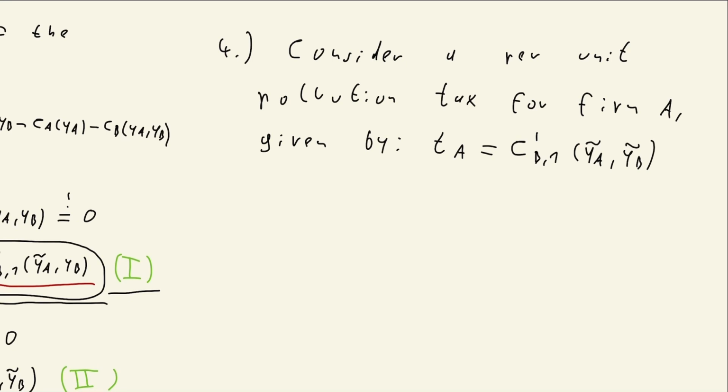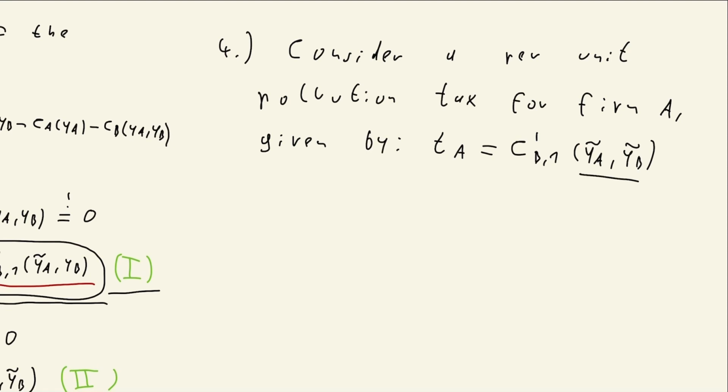Okay, so the tax is equal to the negative externality that firm A is causing on firm B in the social optimum. This is why we have the tildes here. YA tilde and YB tilde denote the corresponding values in the social optimum that we calculated in exercise 3.